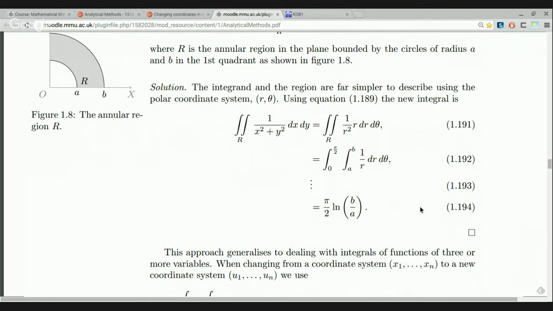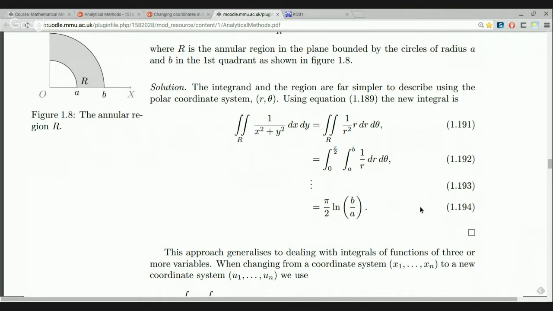But the logarithm of b over a doesn't have any dependence on theta, so it's just a constant as far as theta is concerned. It integrates to theta times the logarithm of b over a, and evaluating that at 0 and pi over 2 gives you the final answer of pi over 2 times the logarithm of b over a.